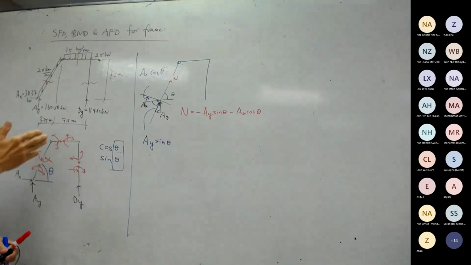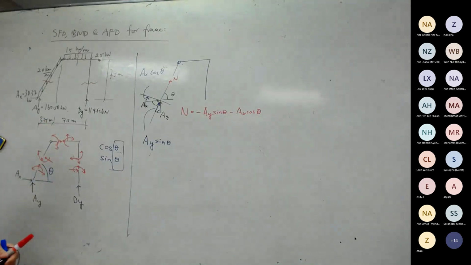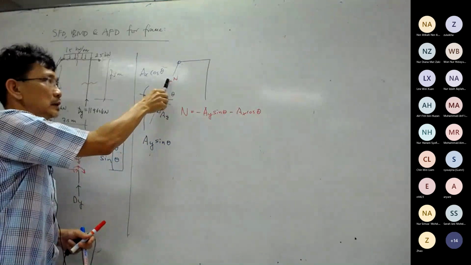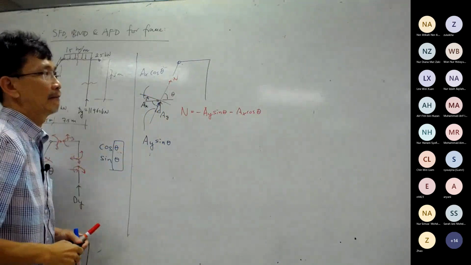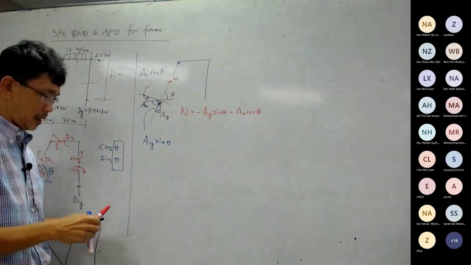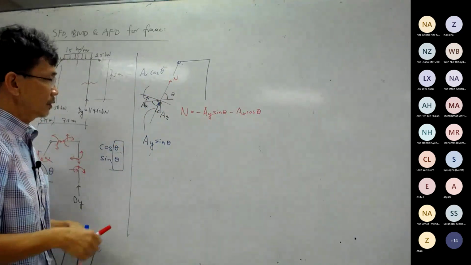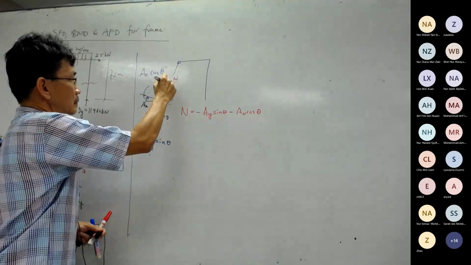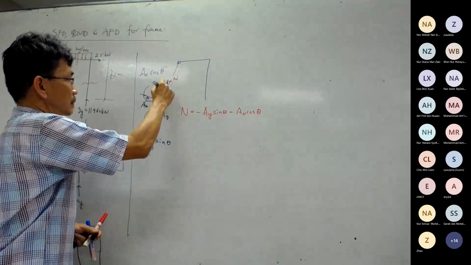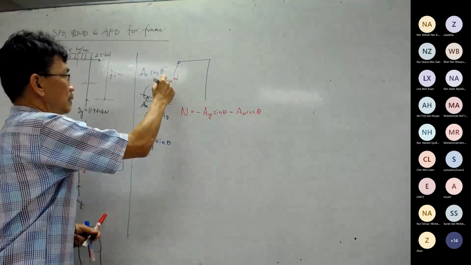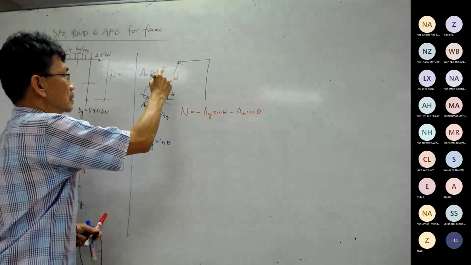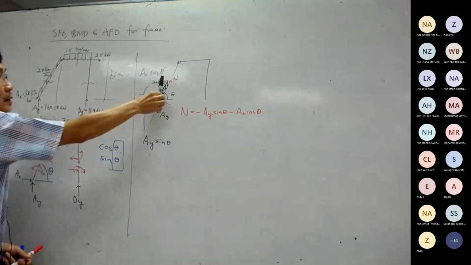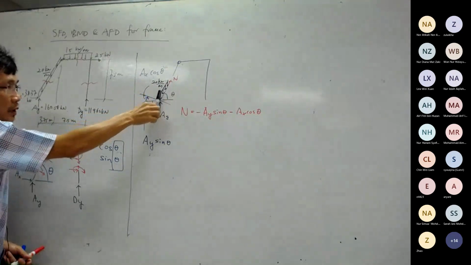So these are the calculations that we need to be aware of, especially when we want to get the axial force. Then, of course, the other things will come from this vertical force, the vertical distributed load acting on this.